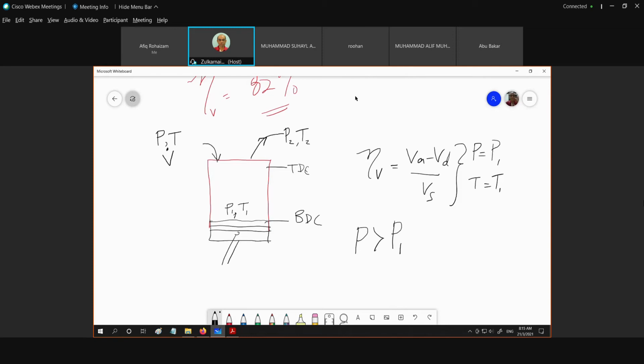Ingat, this compressor is running tau. Turun naik, turun naik. And then bila dia naik atas, temperature dia adalah T2, tinggi daripada T1 dan tinggi daripada T. Jadi ini bermakna semasa udara baru ini masuk, kawasan sini dah panas tau.